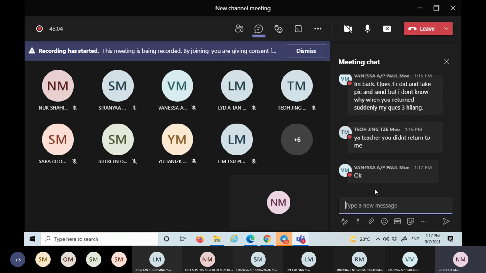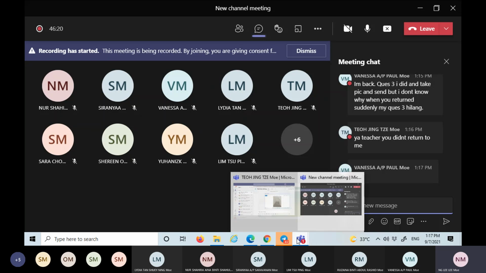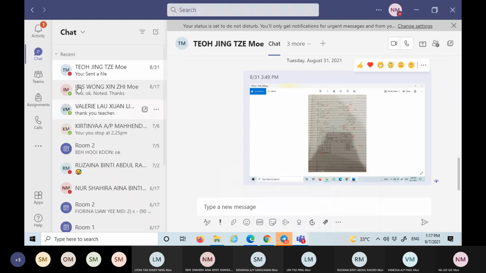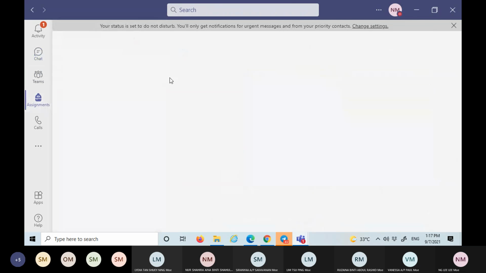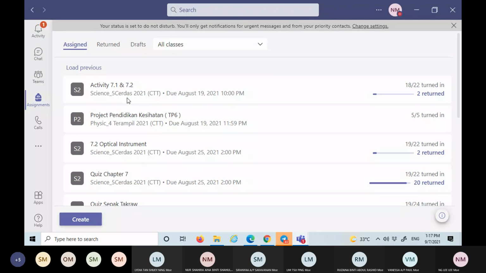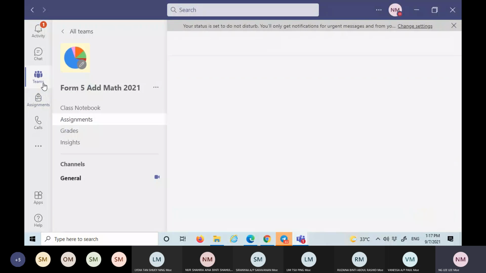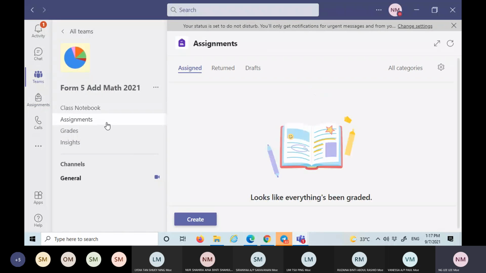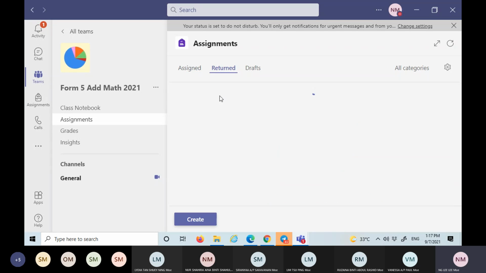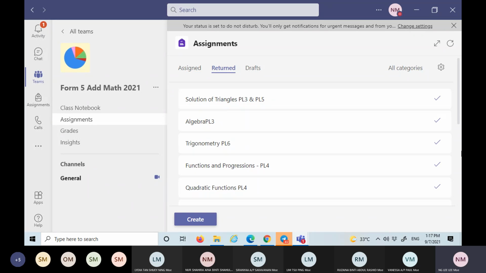I will have to return it to you in the chat. You remind me, Lingzi, I have to go and see. I think you got marked, but I don't know where the script is. This one is burning. I have to go back here, and then only go to assignment. Okay, return. Very troublesome.